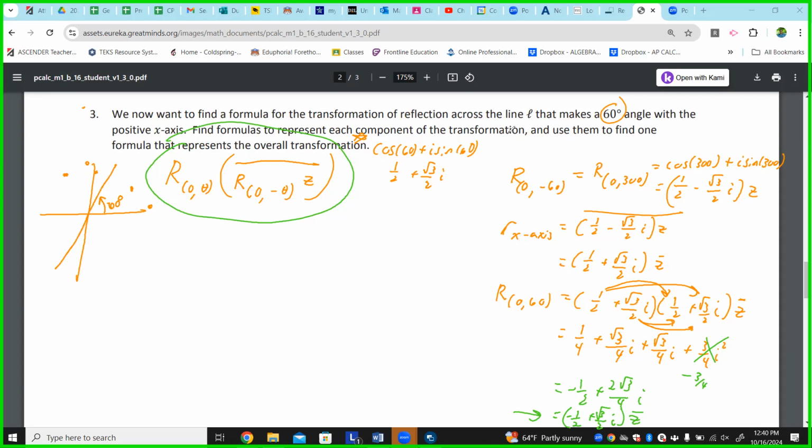This here, positive square root 3 over 2i, z conjugate. Simple enough.